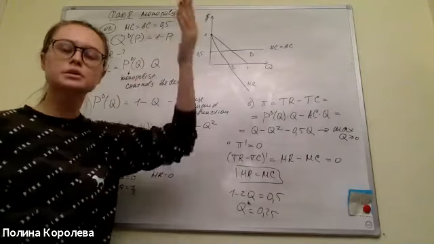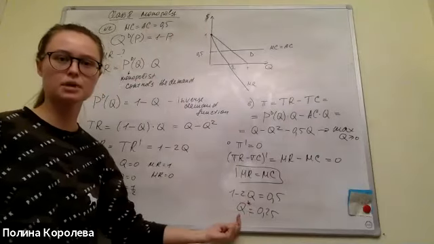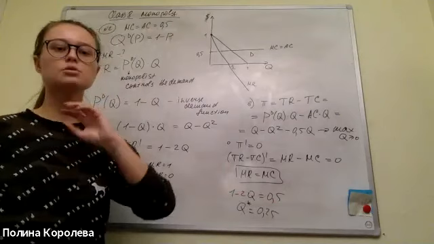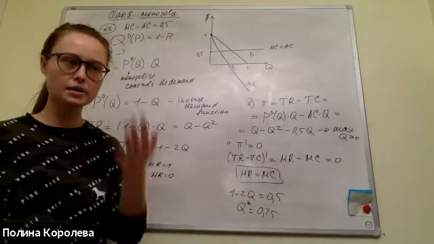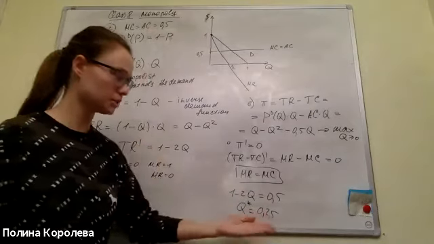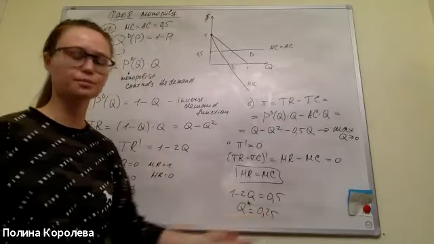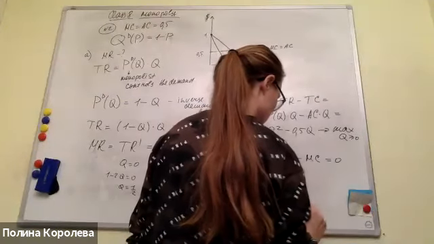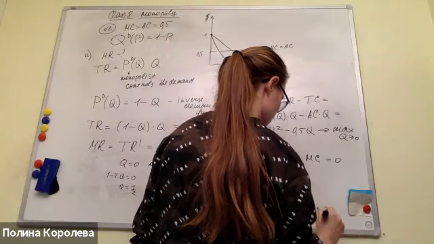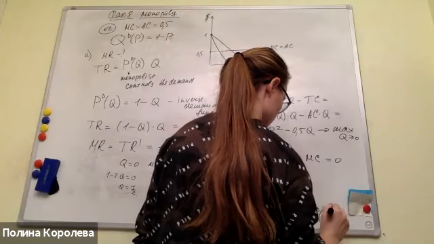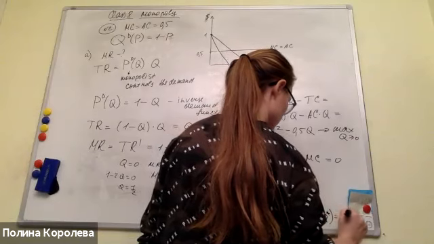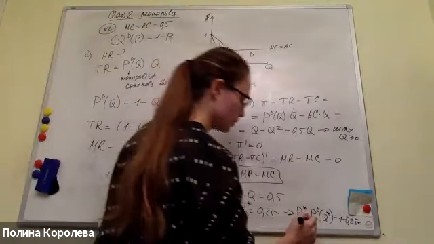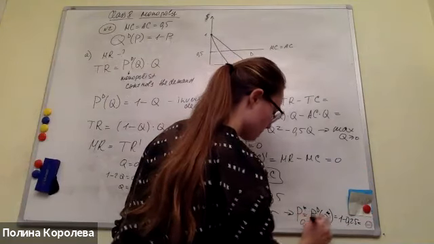Yes, it's the maximum willingness to pay for this quantity, for this amount. So we should put this quantity into the inverse demand function to find the maximum willingness to pay for such an amount. So put this into the inverse demand function, and this will be 1 minus 0.25. This is 0.75.